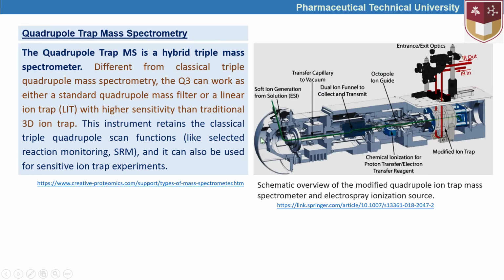This instrument retains the classical triple quadrupole scan functions like selective reaction monitoring, and it can also be used for sensitive ion trap experiments. This is the sequence of the elements we can see inside the quadrupole trap mass spectrometer.